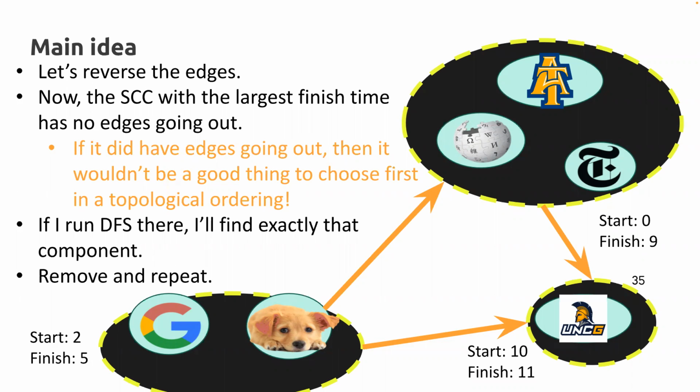So if I run DFS starting somewhere in this component, it will not have a way to escape. It will discover the entire component, but it will not be able to get out. Does that make sense? Any questions? I'm just trying to explain why the algorithm does what it does, right?